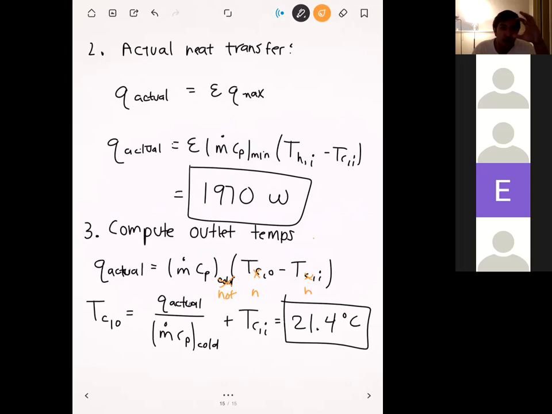It doesn't really matter how much we flow the other fluid, but we're limited by how quickly we're moving that minimum. So it's Q max in terms of the temperature difference, but it's still limited by the mass flow rate of the slower fluid.